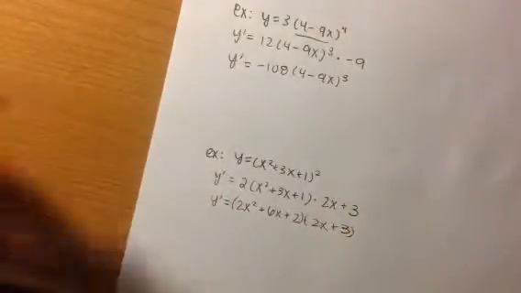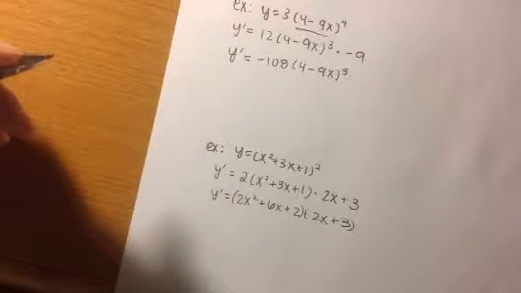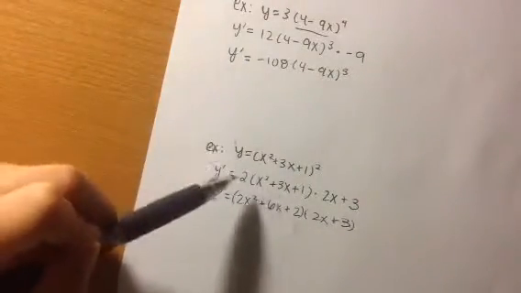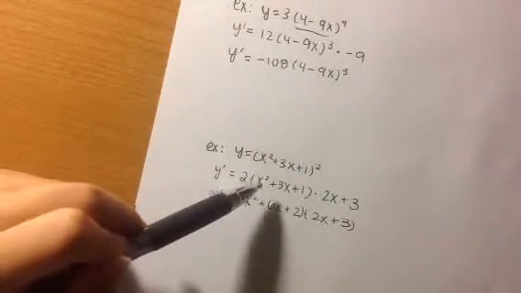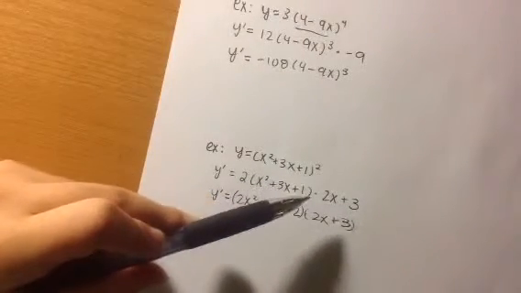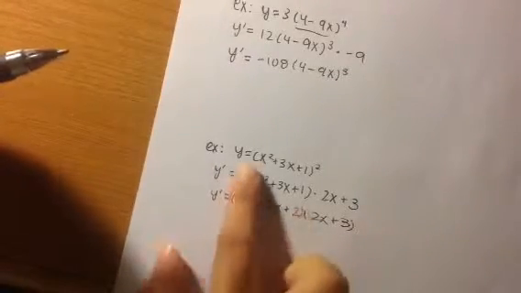Our next example is y is equal to x squared plus 3x plus 1, squared. What I did with this one is bring the 2 out in front again. So 2 times x squared plus 3x plus 1, and since 1 minus 1 is just 0 you don't really have to put the exponent, times the derivative of the inside.